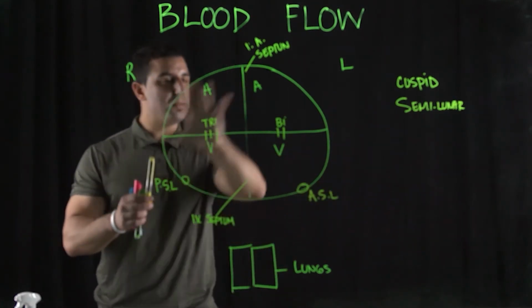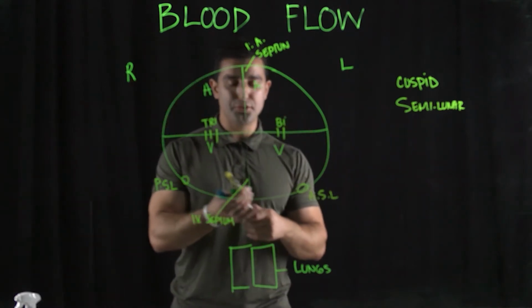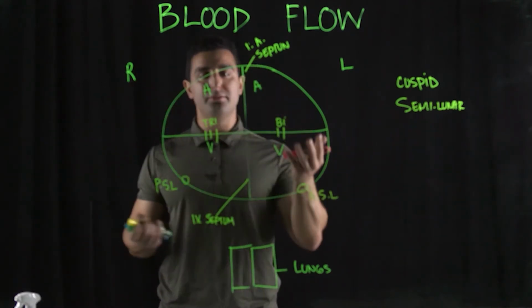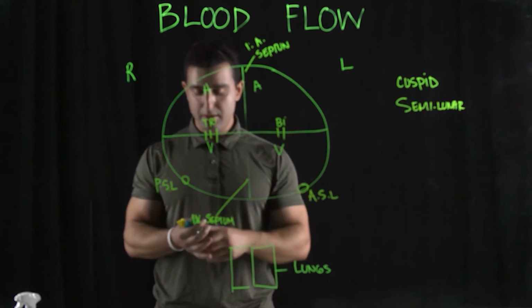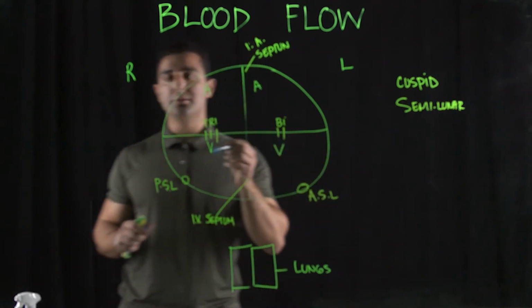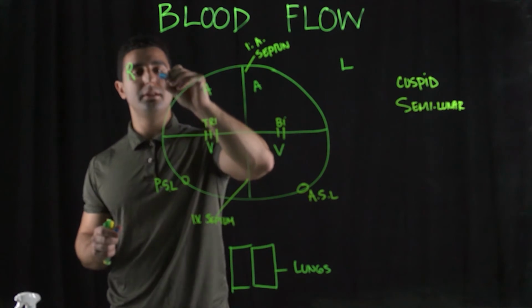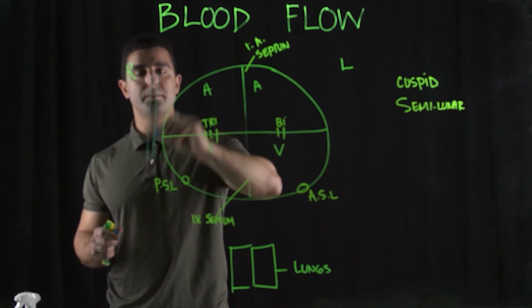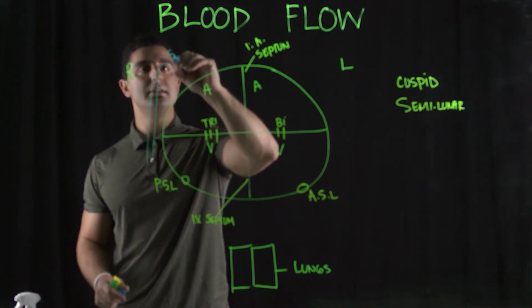Okay, so this is just a basic idea of what the heart is composed of, and I want you to understand just how the blood flows. I'll make it as simple as possible. The vessel that brings blood into the heart is referred to as the vena cava.